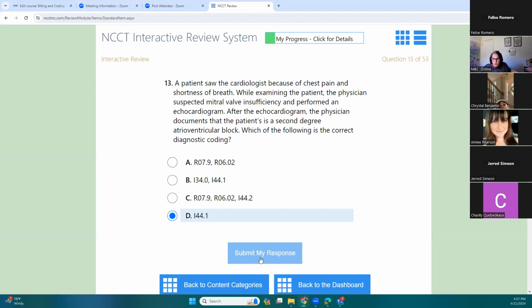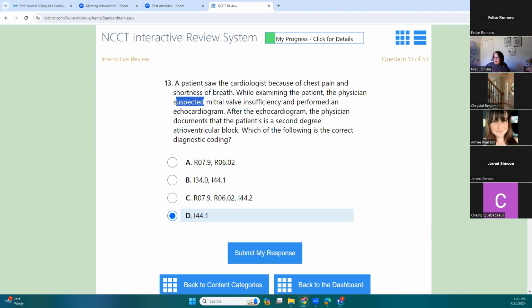I want to give you props because I44.1 was in the answer. But what is I34.0? Let me look just real quick so that we can debunk that. Nonrheumatic mitral valve insufficiency. Do we see that anywhere? We just see the mitral valve. While examining the patient, the physician suspected.